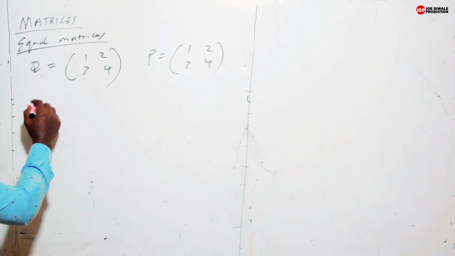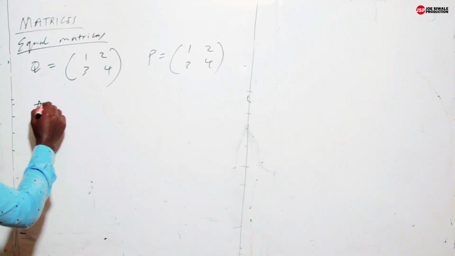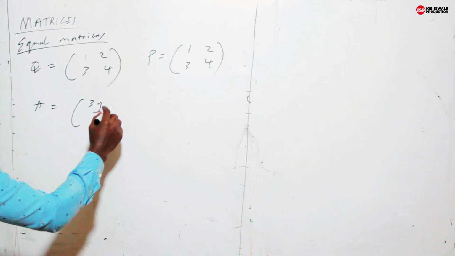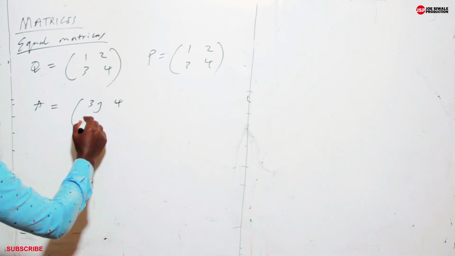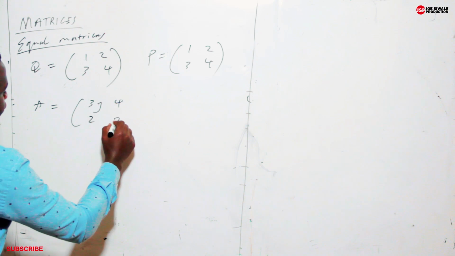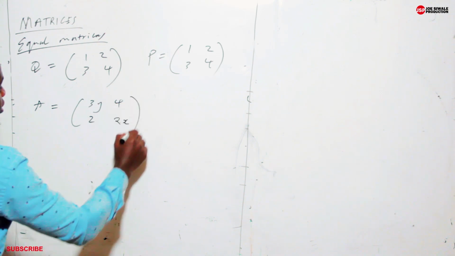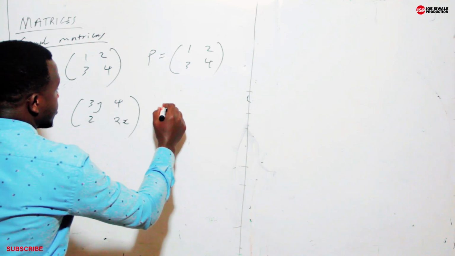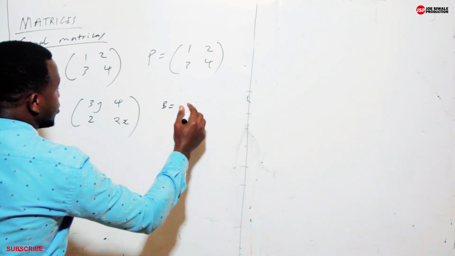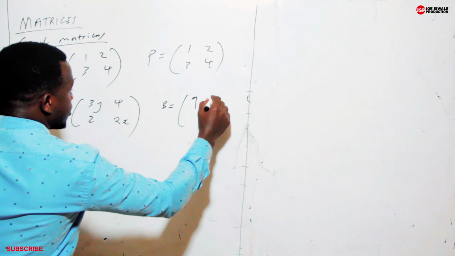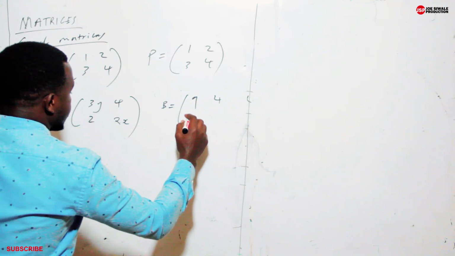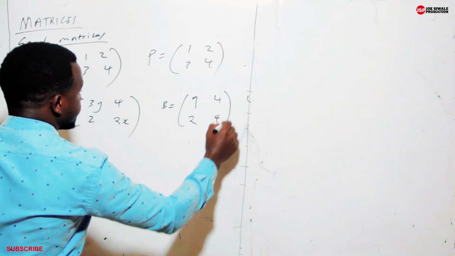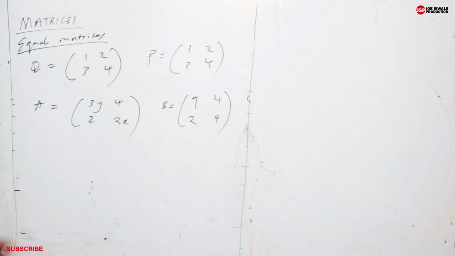Let us look at this example. Matrix A is equal to 3y, 4, 2, 2x, and matrix B is equal to 9, 4, 2, 4.